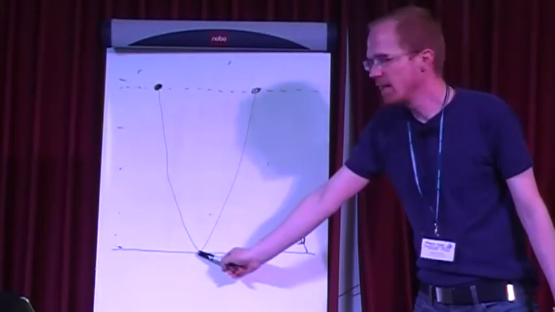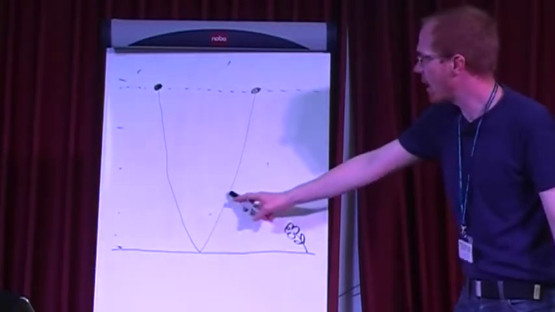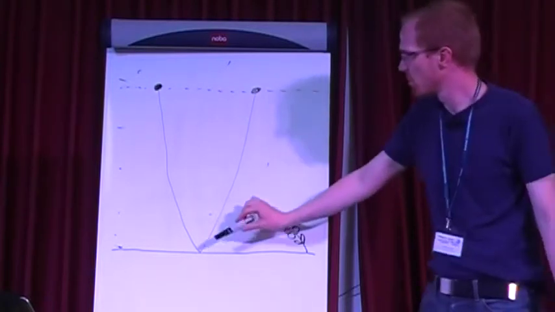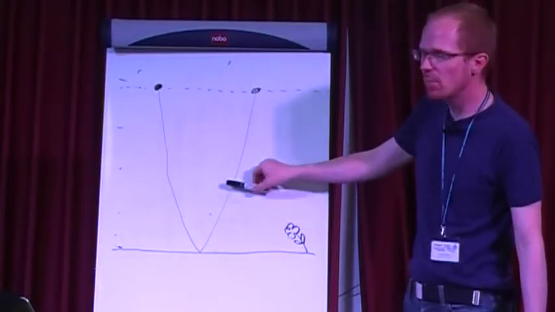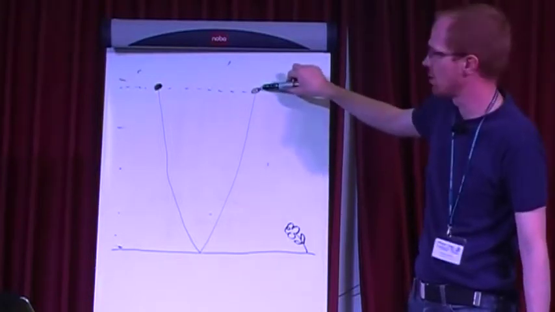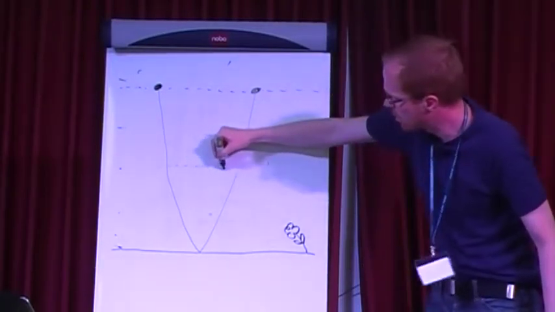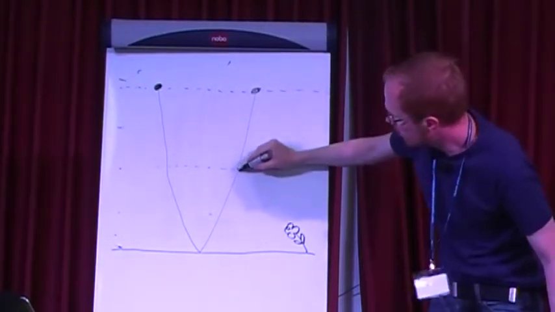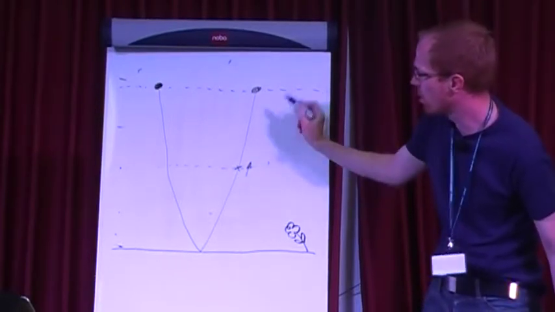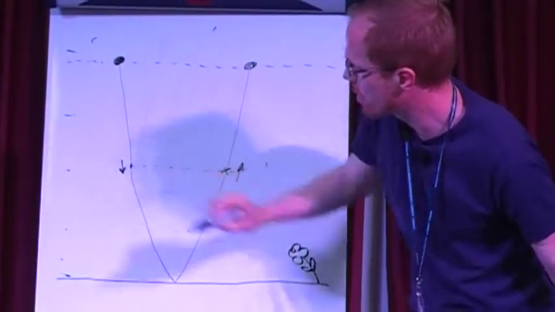Right. Then it hits the ground, and then it bounces back up again, and then gradually as it races up into the air, it loses its kinetic energy because that gets turned again into potential energy. So at any given point, let's say we look here, when it reaches this point, it will have the same speed going up as it had going down at the same point over here.